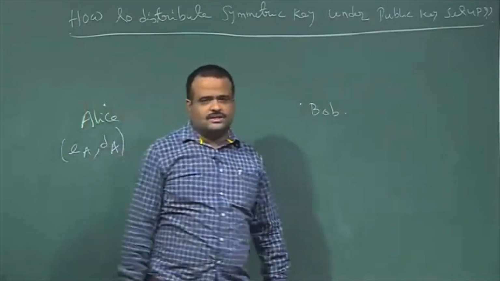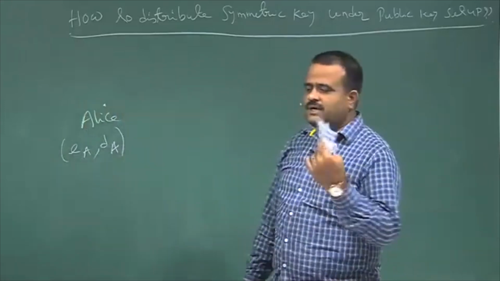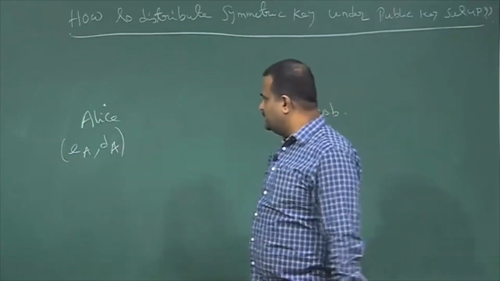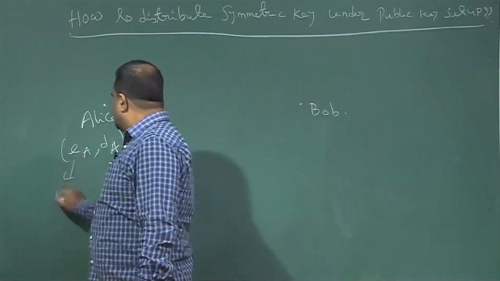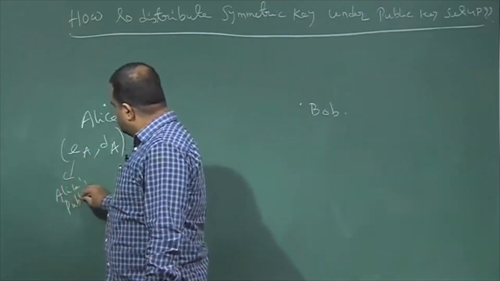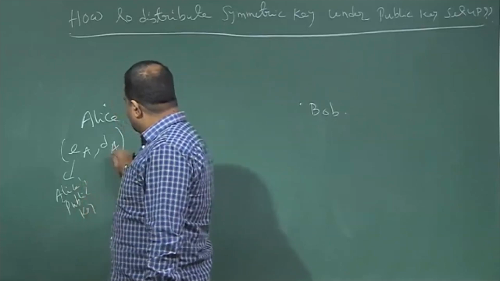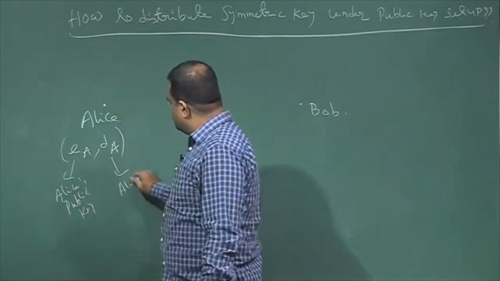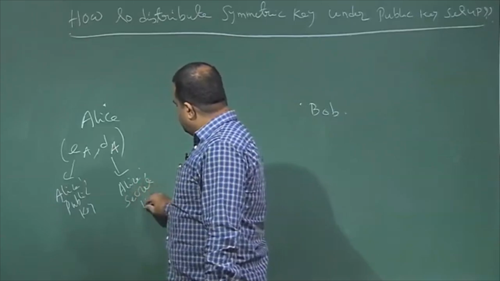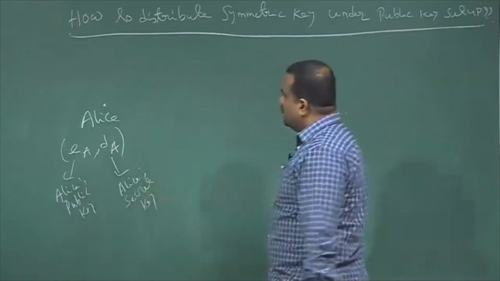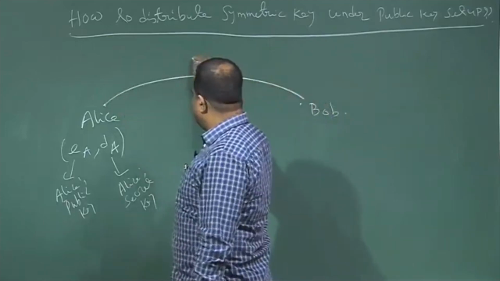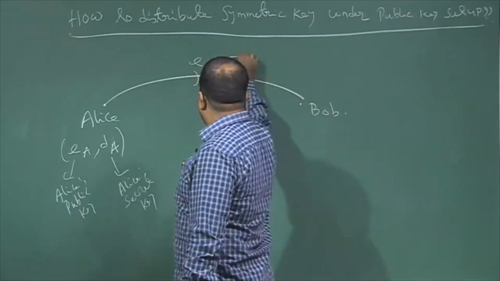So, this key generation is run by Alice. This is Alice's public key, and this is Alice's secret key, or the private key. Now, Alice will send this public key to Bob, along with the ID of Alice.